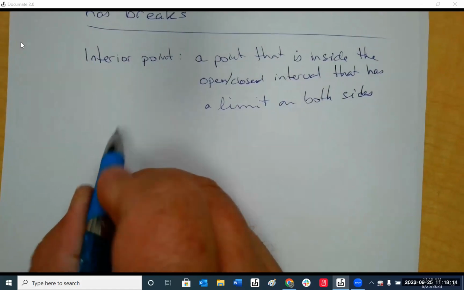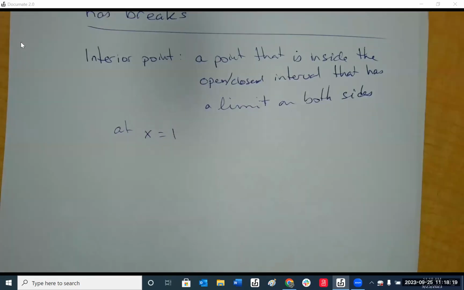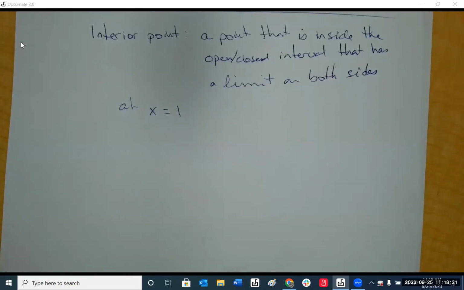So, for example, at an interior point at x equals 1, or x equals 3, it doesn't matter what we pick.